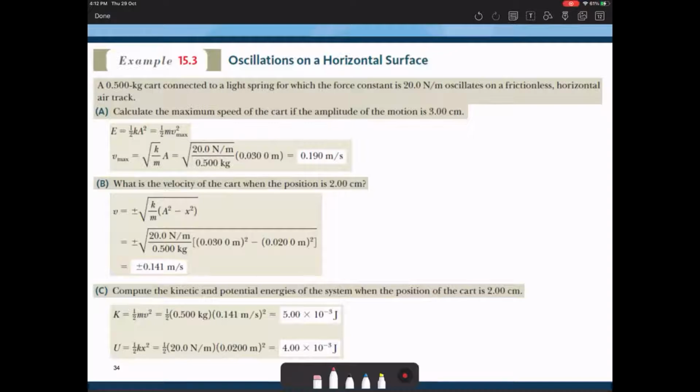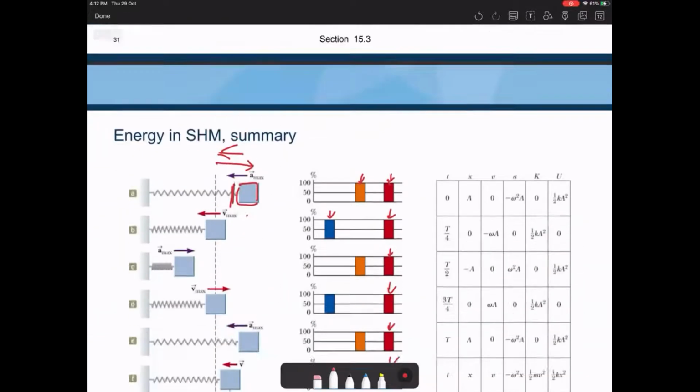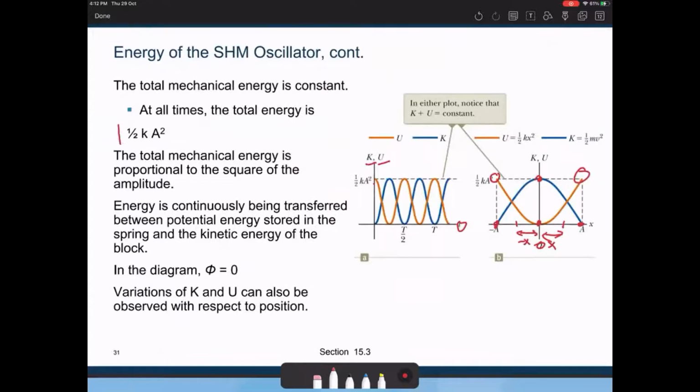So the maximum energy of the whole system, if you go back to page 31, the total energy or the maximum energy possible in the system is 1/2 kA squared.